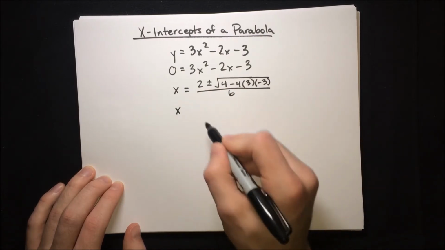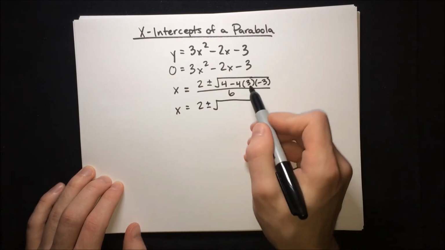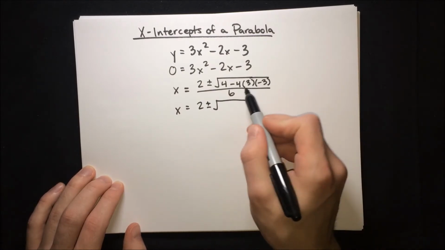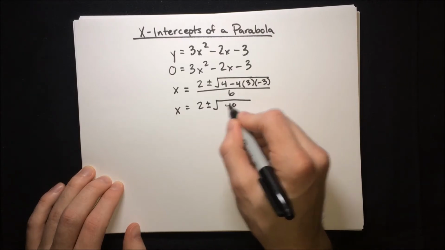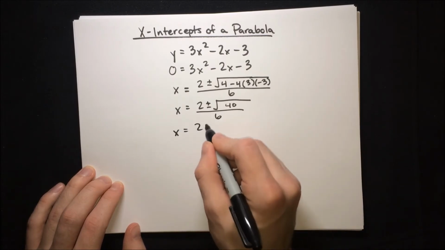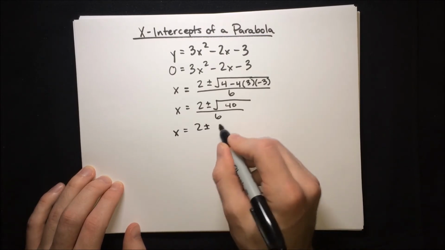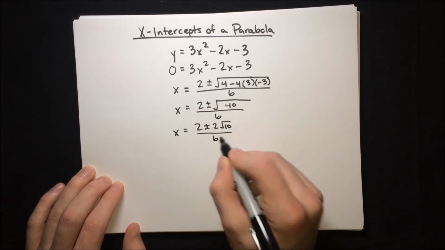So then x equals 2 plus or minus, well, this part comes out to positive 36, and then plus 4, that's root 40 over 6. So x equals 2 plus or minus, this is root 4 times root 10, so 2 times root 10 over 6.